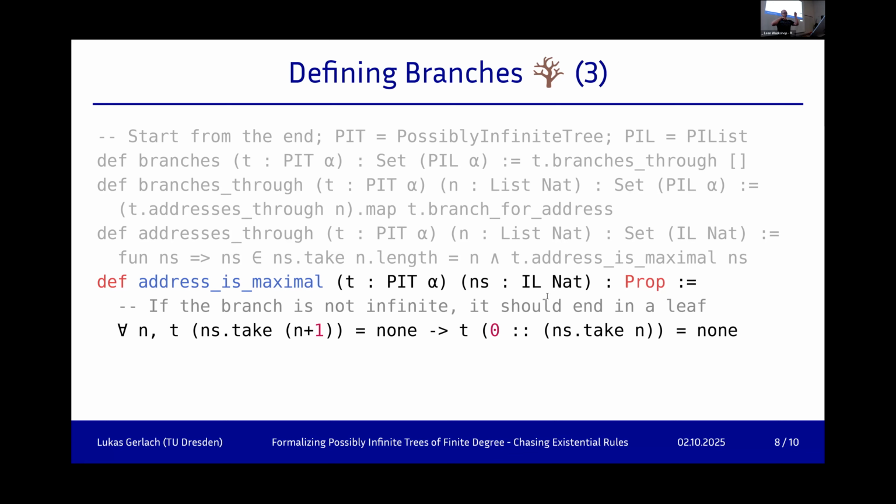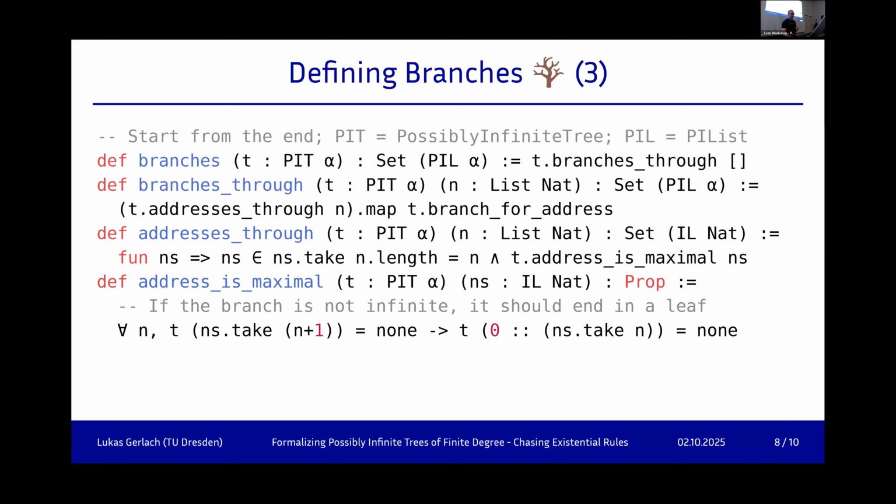This then would make sure that if there would have been another branch where we can continue, then we would have needed to take this one in principle, right? And this is a little ugly to write, but it works as intended.